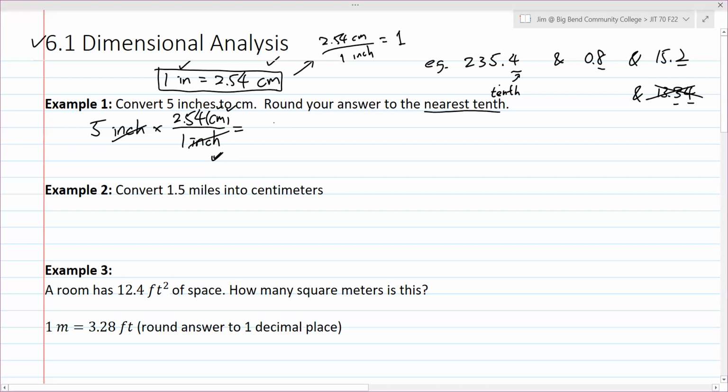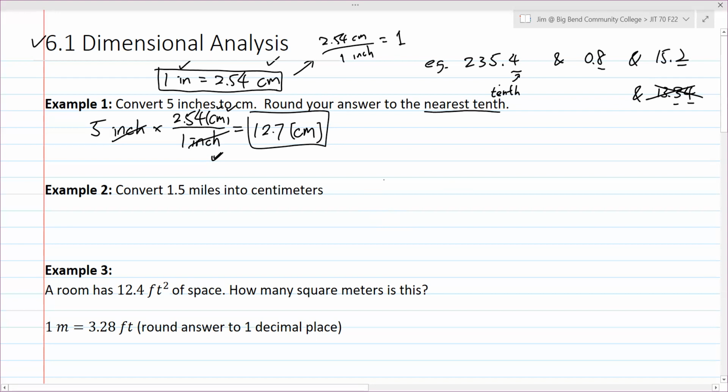And that's when you plug the numbers into your calculator. 2.54 times 5 gives you 12.7, with the remaining unit centimeter, and that is how you show the answer in a unit conversion problem.